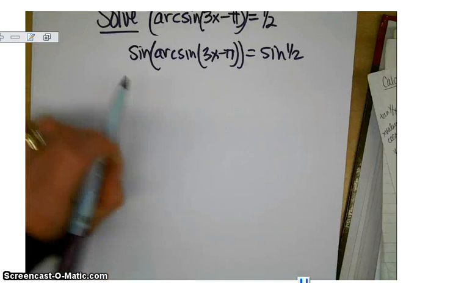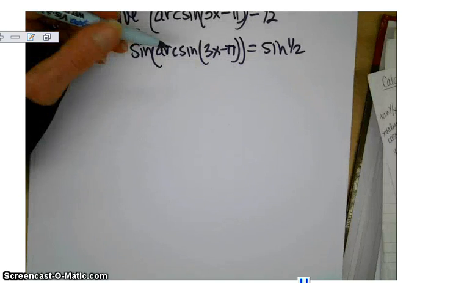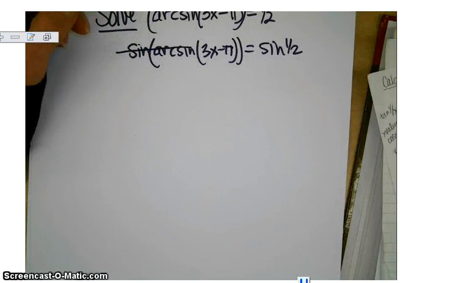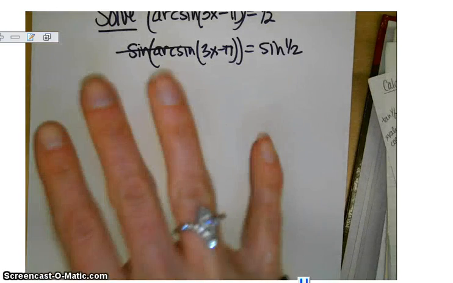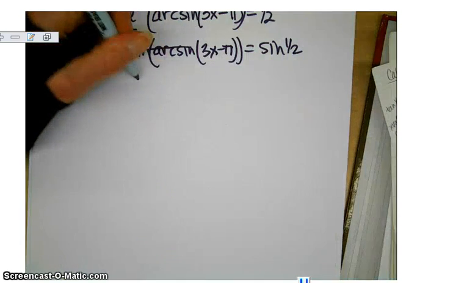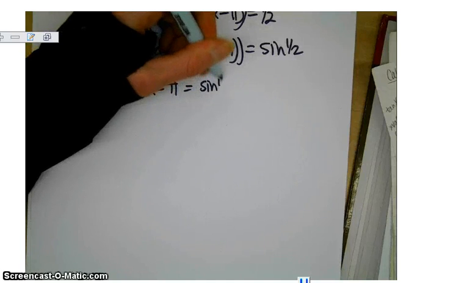Okay, so what is the sine of the arcsine of 3x minus pi? It's 3x minus pi, because the sine and the arcsine being inverses cancel. Just like subtracting and adding a number cancel each other out, right? That's what inverse operations do. So now I have 3x minus pi equals the sine of 1/2.